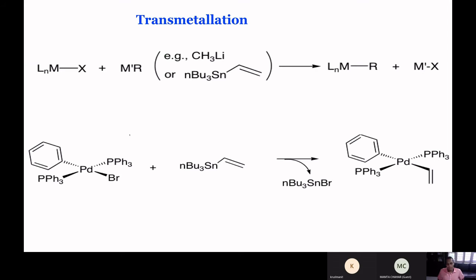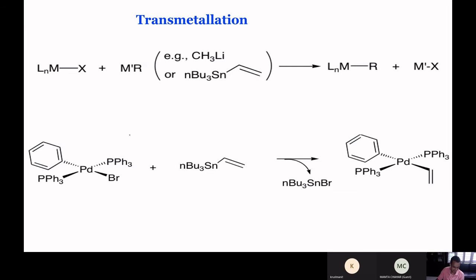Okay, so these sort of ligand exchanges are quite common in the domain of catalysis. In industrial application, many times you would see these things happening. In the organometallic catalysis domain, we call it transmetallation. This is nothing but a ligand exchange as well.